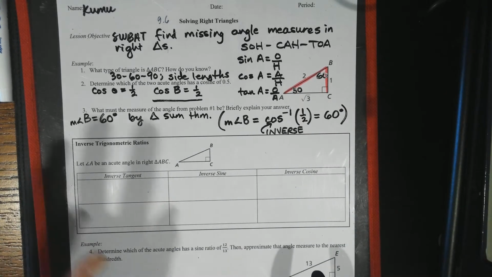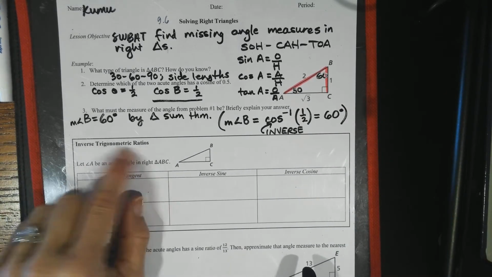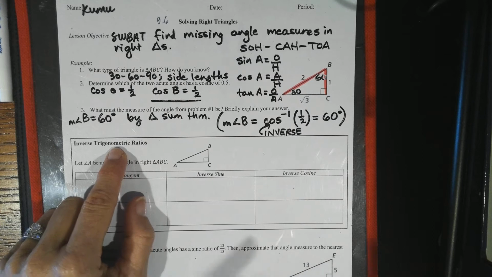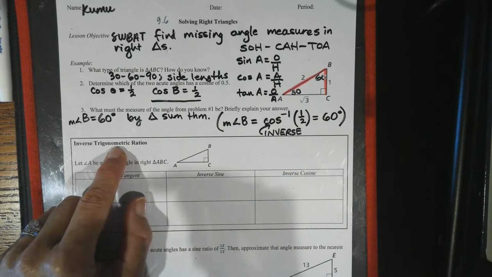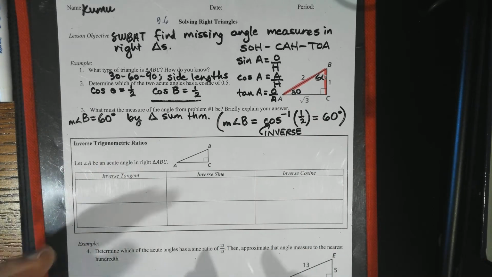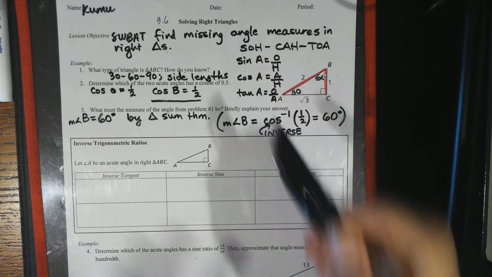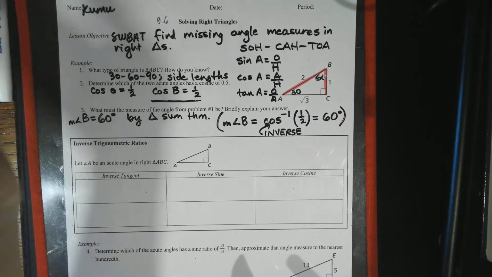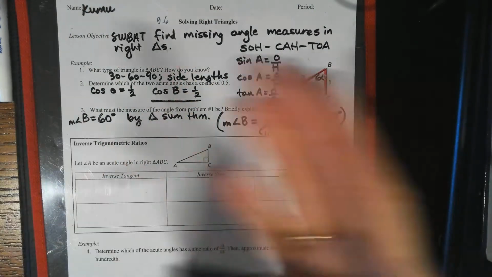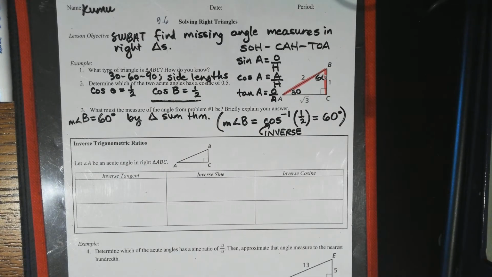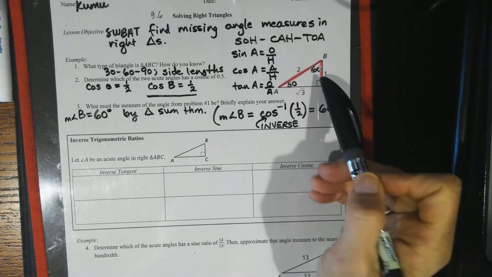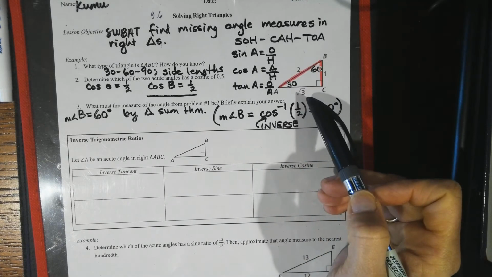So inverse trig ratios are for when you have sides and you want to find the angle. If you want to do the regular trig, you have the angle and you want to find the side. They're exactly opposite. But you know all kinds of things by now. You know the Triangle Sum Theorem, so you can figure out other angles.